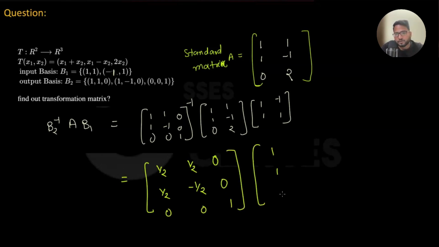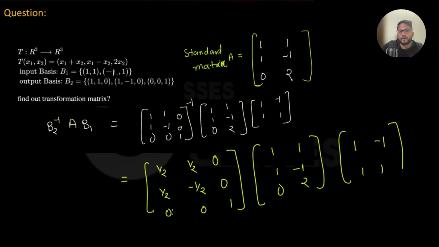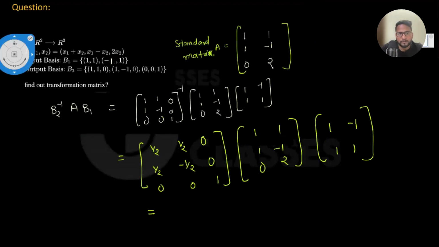This is 1, 1, 0, 1, 1, 1 minus 1, 2, and then 1 minus 1, 1, 1. If you multiply all of this, I already have the answer with me. Maybe I can just write it in parts.